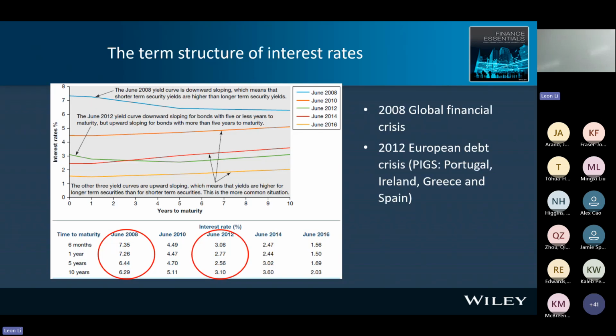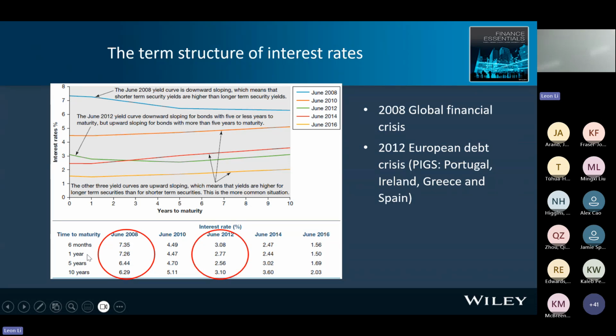So let's use real life data to show you the result. This is our yield curve. The vertical line is marked yield, the horizontal line is time to maturity. Normally you can see an upward sloping curve. But we pick two special years, 2008 and 2012. You can see the detailed numbers.